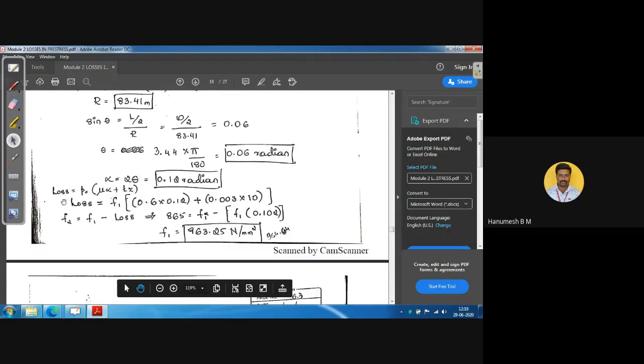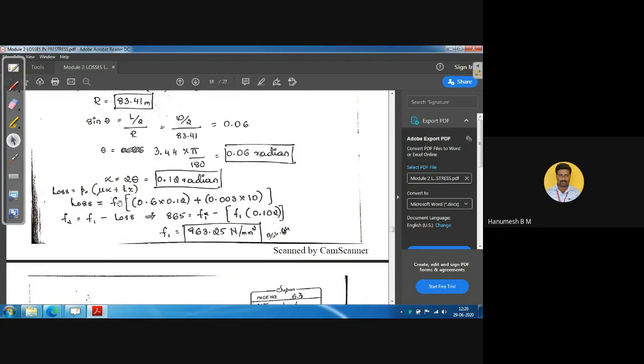Now I will consider the frictional loss equation. Loss is equal to P naught into mu alpha plus Kx. P naught, that is the initial stress, is F1. I am going to write it as F1 here because F1 is unknown, and I am calculating that F1 only. Loss is equal to F1 into (mu 0.6, alpha 0.12, K 0.003 into x 10 meter).